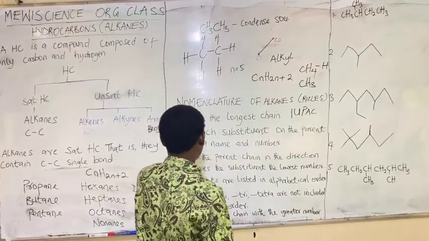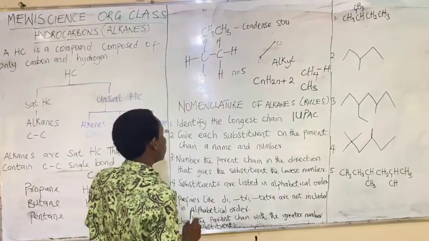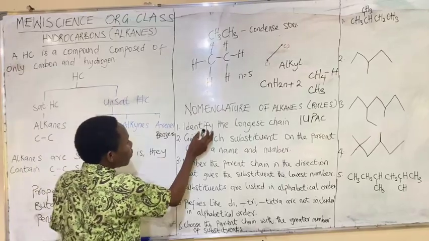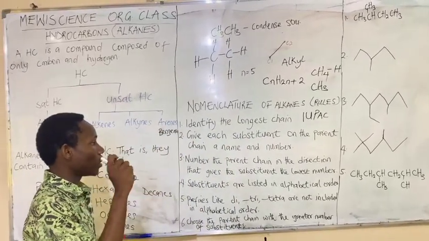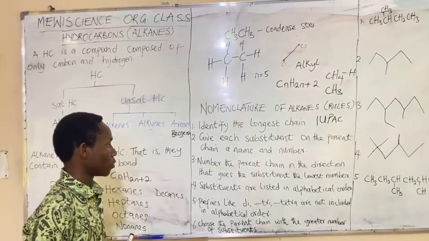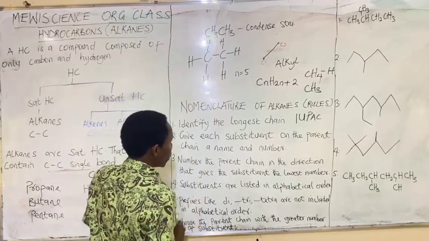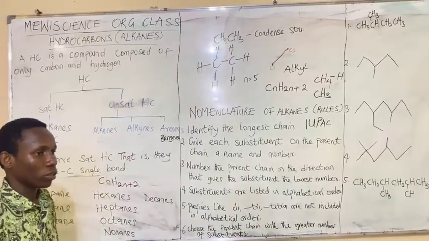These are the rules. Number 1: before you name an alkane, the first thing on your mind is identifying the longest chain. Then the next thing is to give each substituent on the parent chain a name and number.